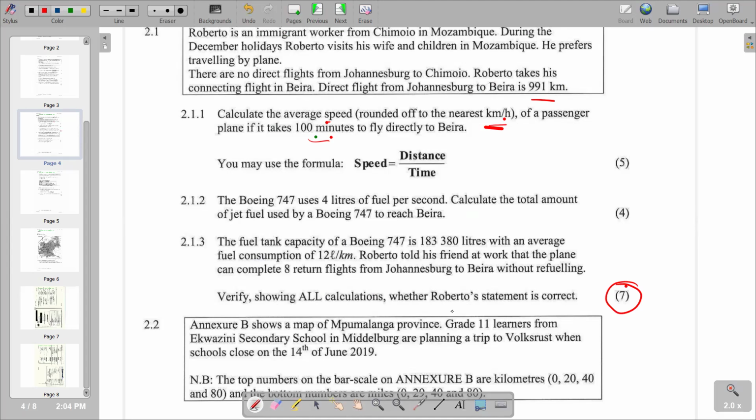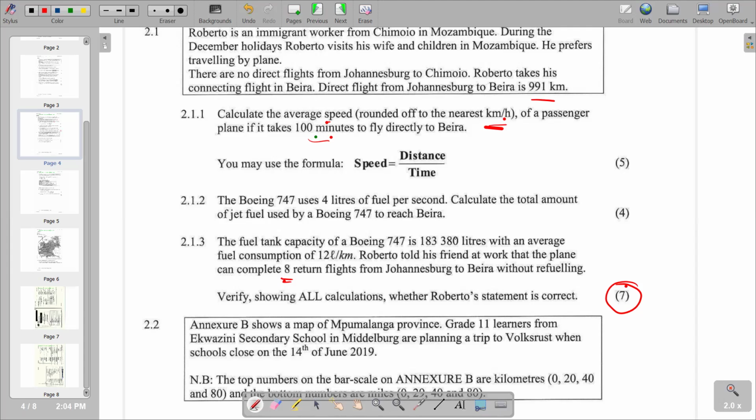So obviously we are being told that we need eight return flights. So we need to see whether it is possible to have 8 return flights out of the 183,380 liters. So we need to know the amount of fuel needed for the return flight. Then we divide into the total liters that we have.